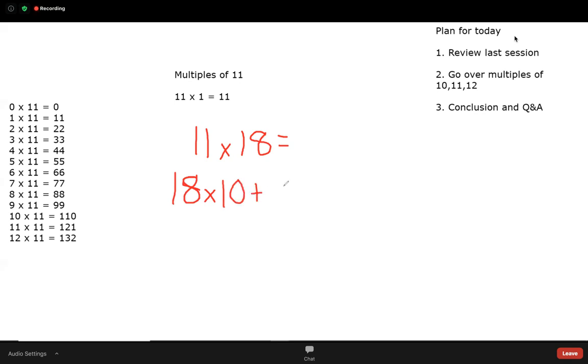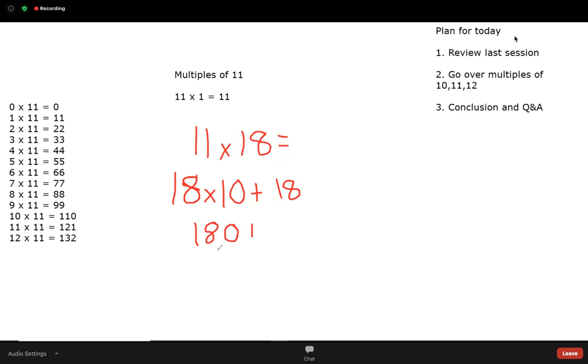As always, the way we want to structure it is that number times 10 plus the number. So first 18 times 10 is just an 18 with a 0 behind it. And we add 18 to that.